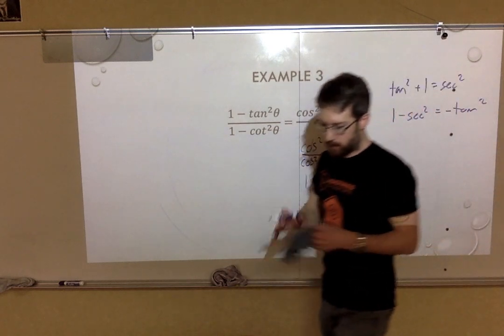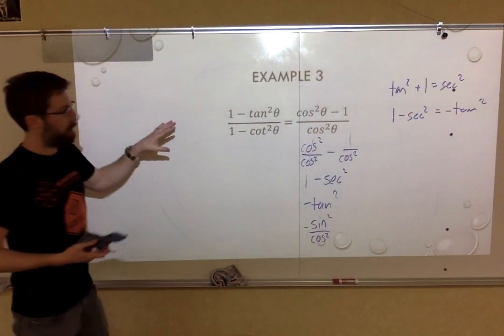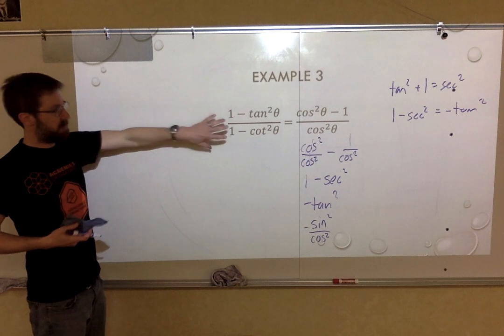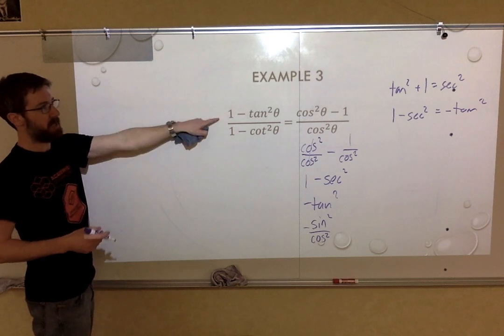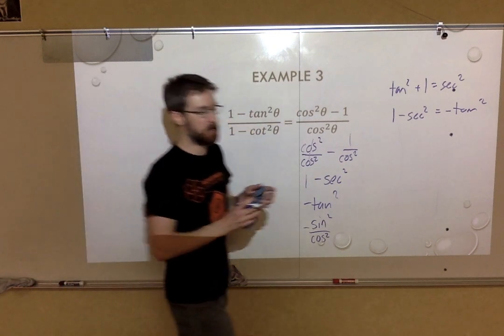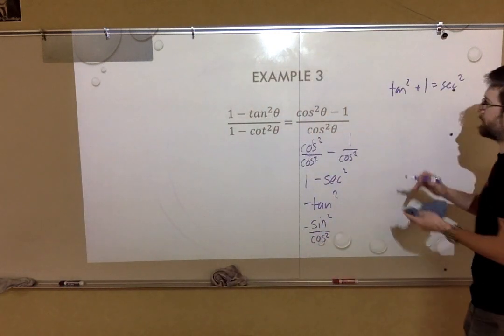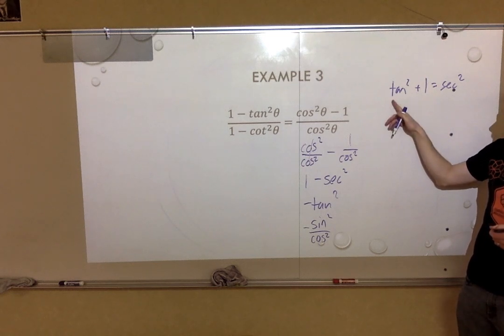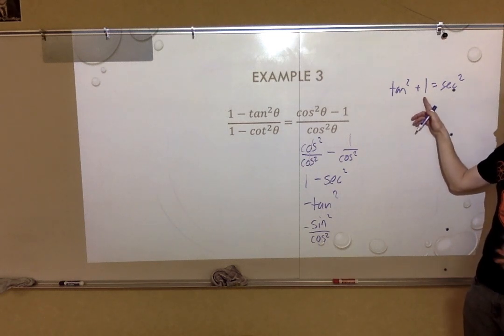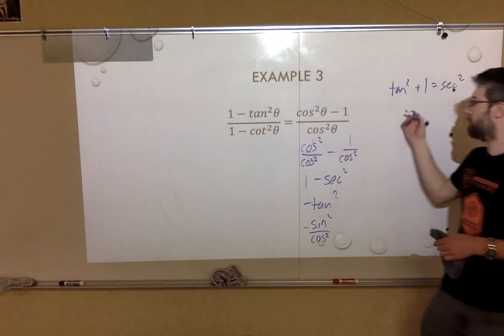Okay, this side, if you're thinking Pythagorean identities, that's a good way to think, but if you check, you really can't make them equal. So if we go back over to the other one, I can't get this to be 1 minus tangent in any useful way. And the same thing with 1 minus cotangent squared.